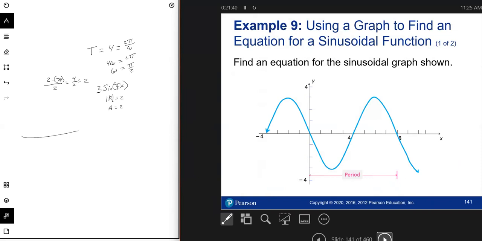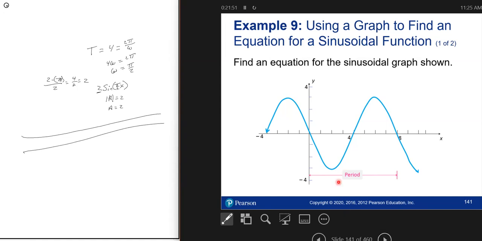All right, this one also looks like a sine function. But the first max or min is, instead of going the traditional sine function way, it's going the other way.